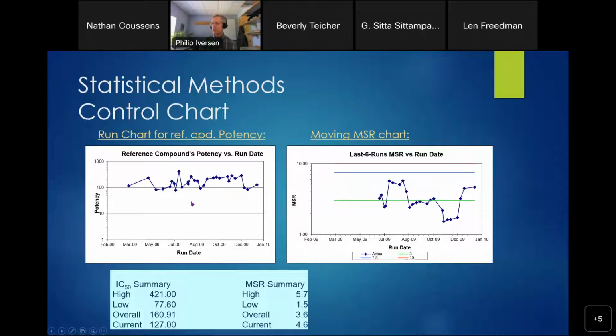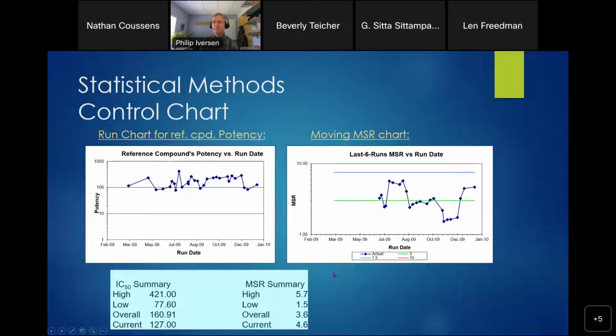So we have this moving window of 6 consecutive runs from which we calculate an MSR, and that gives us an idea of the shifts in the assay reproducibility over time, and also the long run stability of the assay reproducibility as measured by the MSR.